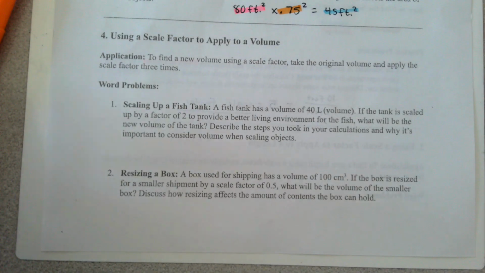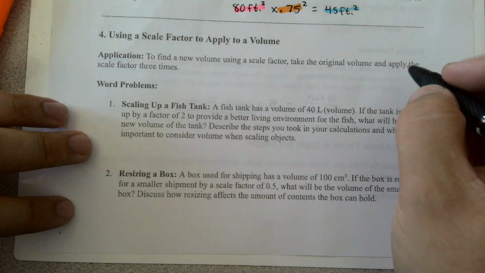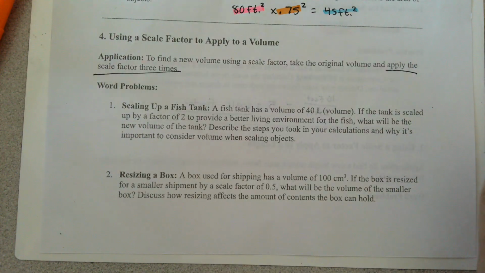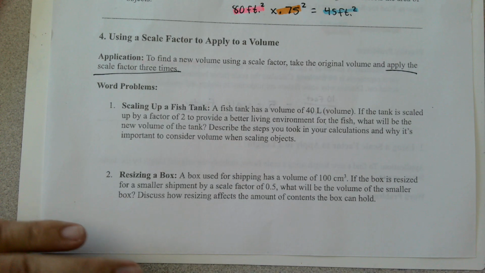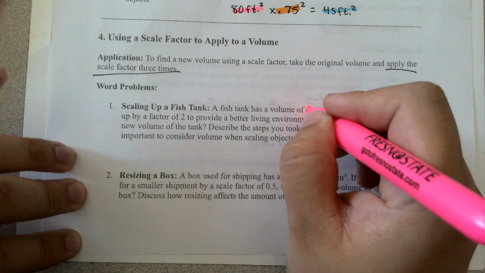Let's look at volume now. To find the new volume using a scale factor, you take the original and apply the scale factor 3 times. So nothing's really changed other than instead of twice or once, it's 3 times. A fish tank has a volume of 40 liters. Here's our original.